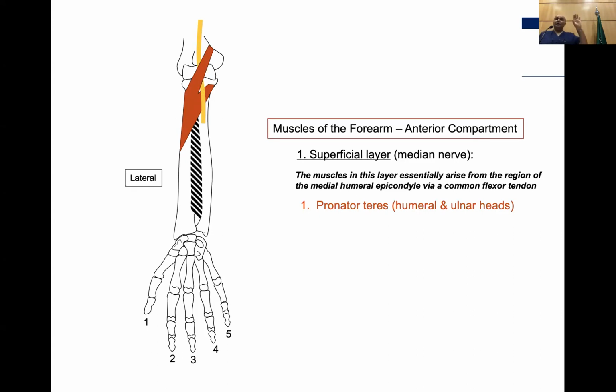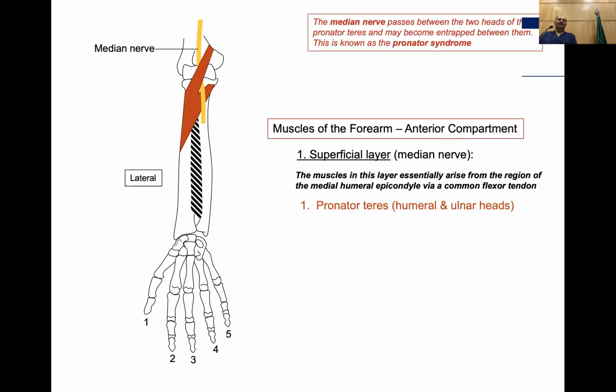Now, if my pronator teres has some problem, if it becomes hypertrophied, there are chances it will compress my median nerve. And if that happens, we call this condition pronator syndrome. The median nerve can be entrapped. Are we good?